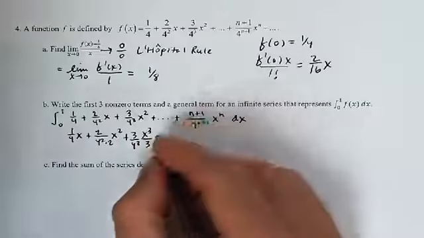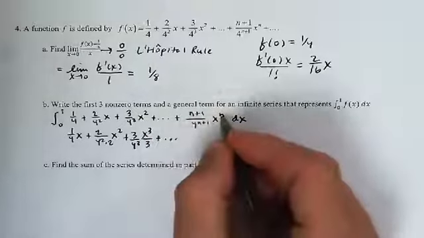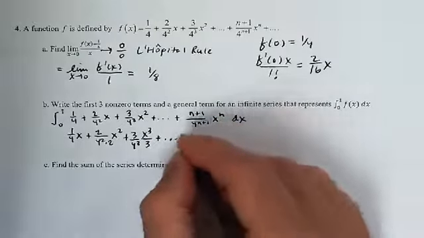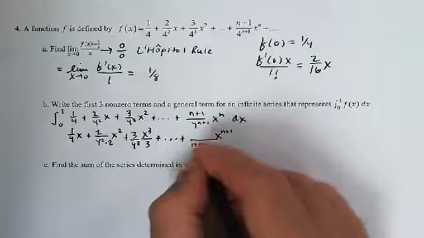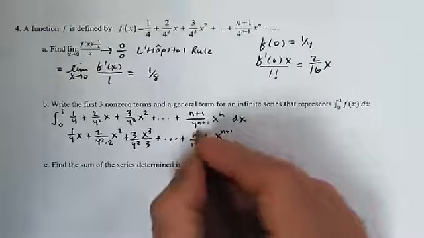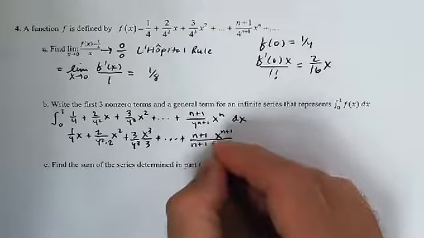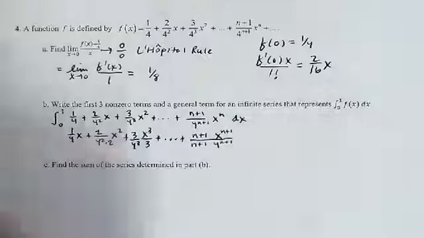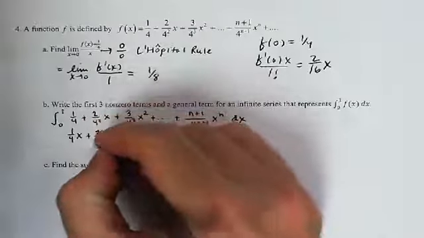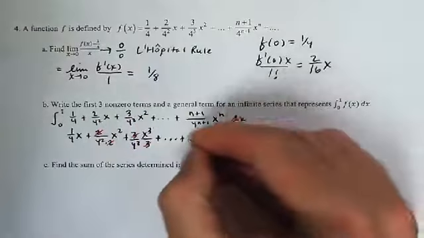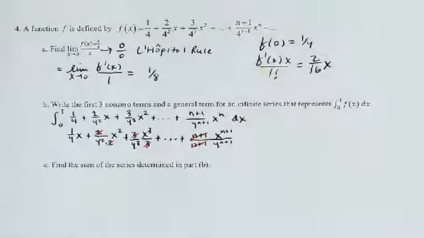And I see where this is headed. Because each time I increase the power of x by 1 and divide by the new power, I've got that new power sitting in the numerator, and it'll end up canceling off, kind of like it did over here and over here. Well, the same thing will happen there.